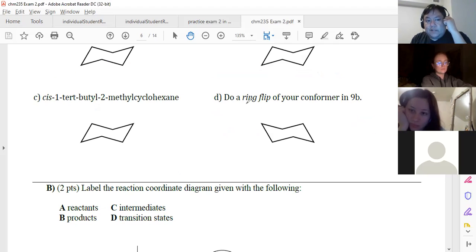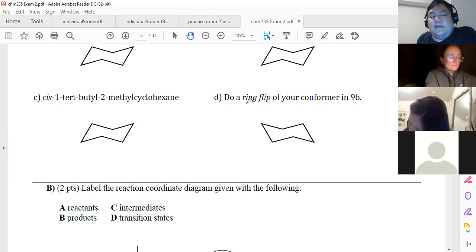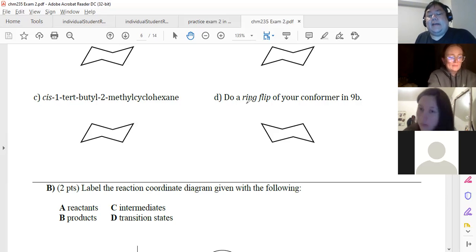All right. Cis-1,2 tert-butyl methyl cyclohexane. So now, which of these should be in the equatorial? I think you said that the methyl cyclohexane should be in the equatorial. Okay, so which carbon do you want to make 1?